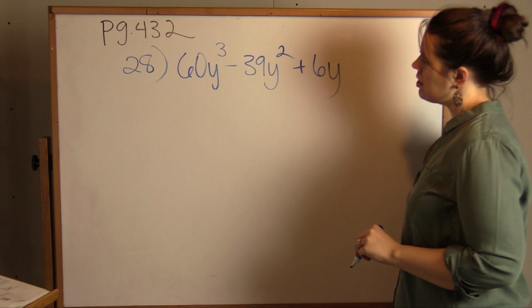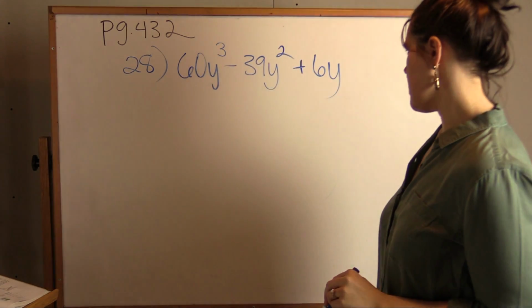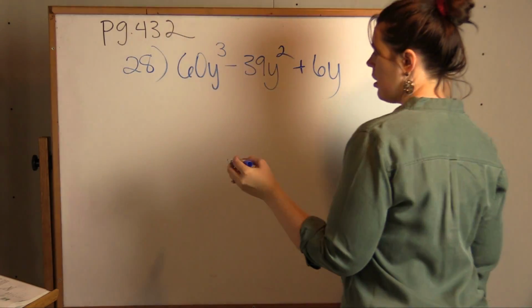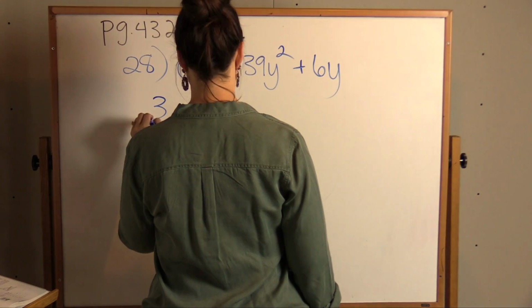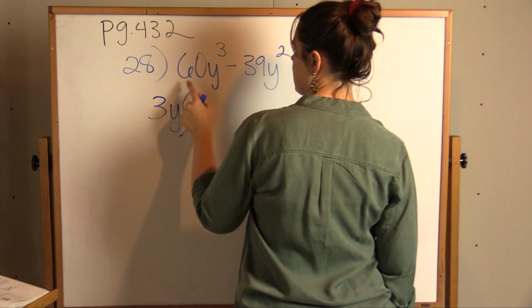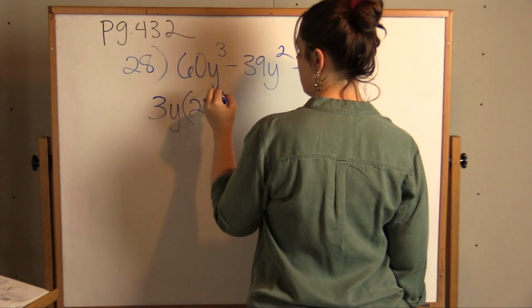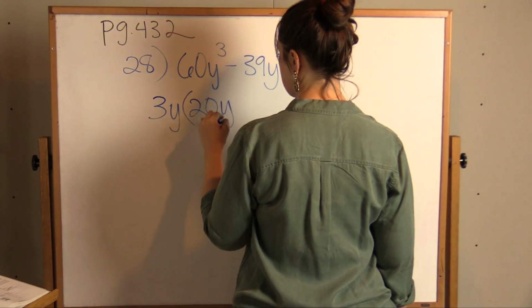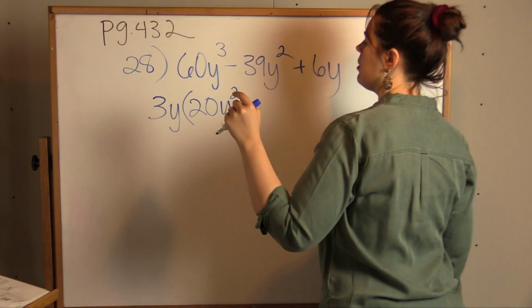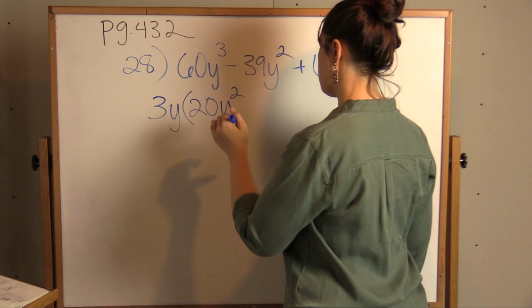39. Yes, so with 39, 60, and 6, we can factor out a 3 as well, okay? So let's go ahead and pull out a 3 and a y and write what's left behind. 60 divided by 3 is 20. Y to the third, I remove one of them, so I'm left with y squared. 39 divided by 3 is 13.